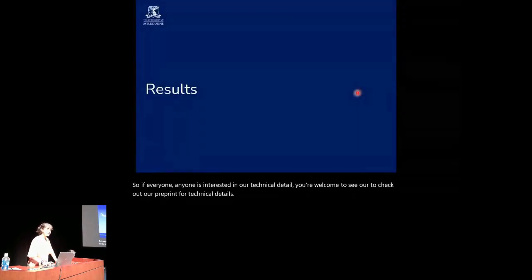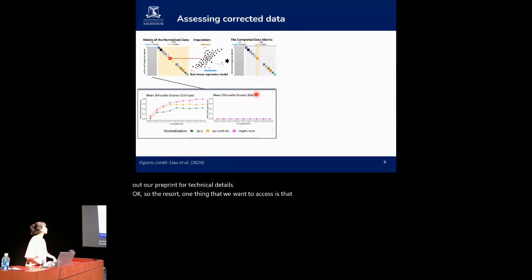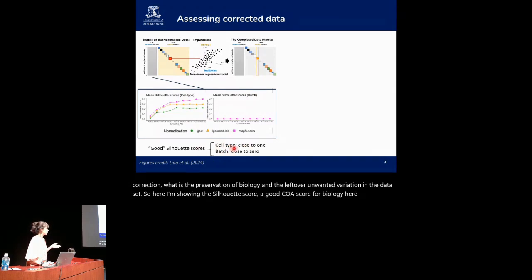Okay, so the results. One thing that we want to assess is, after data correction, what is the preservation of biology and the leftover unwanted variation in the data set. So here I'm showing the silhouette score. A good silhouette score for biology, which in this example is the cell type, is a higher value.